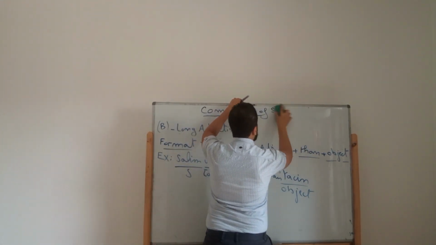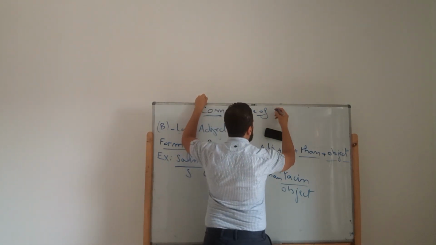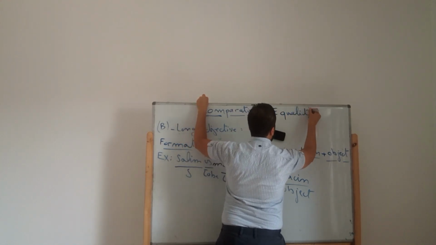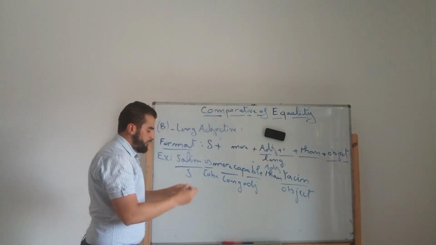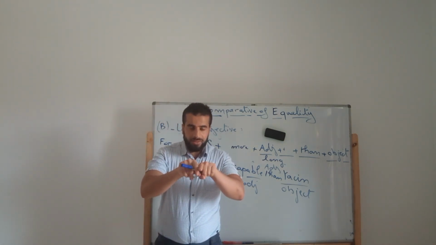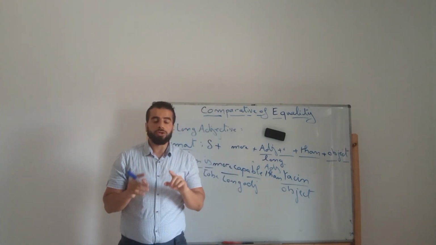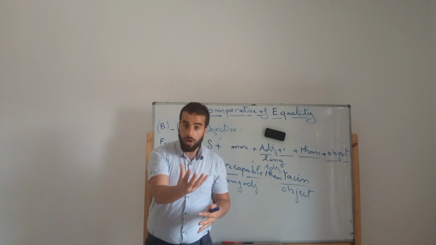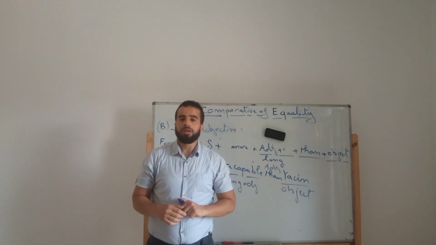We move on from superiority, we erase it, sorry, and then we use comparative of equality. For comparative of equality, you are going to use simply as. It means the similarity between two things or two people. So here you're going to say student A is as smart as student B, right?